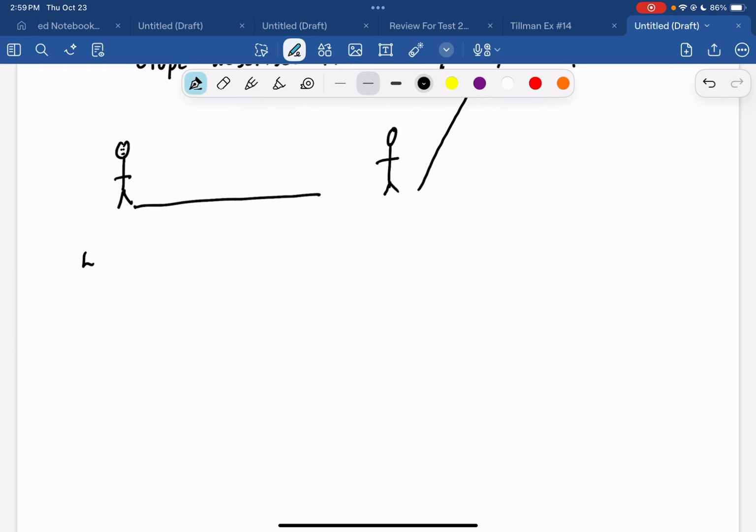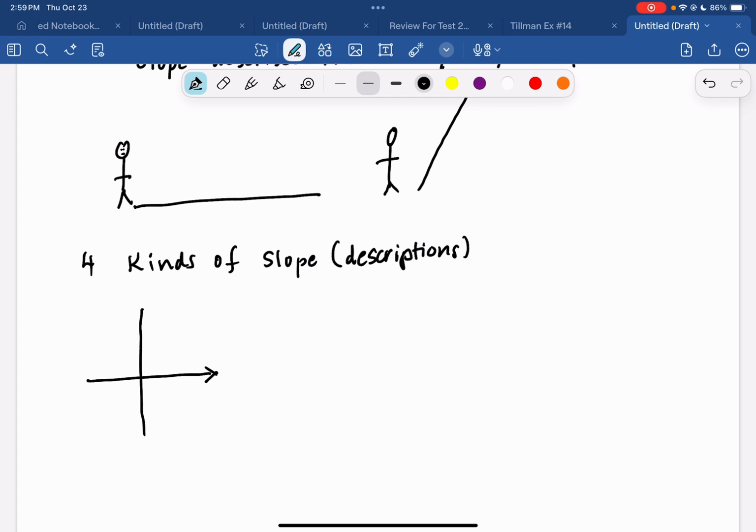Now, there are 4 kinds of slope, okay? And these aren't specific number values. These are just descriptions of slope. Let me draw it in a coordinate plane, and you know it's got an X and a Y axis.